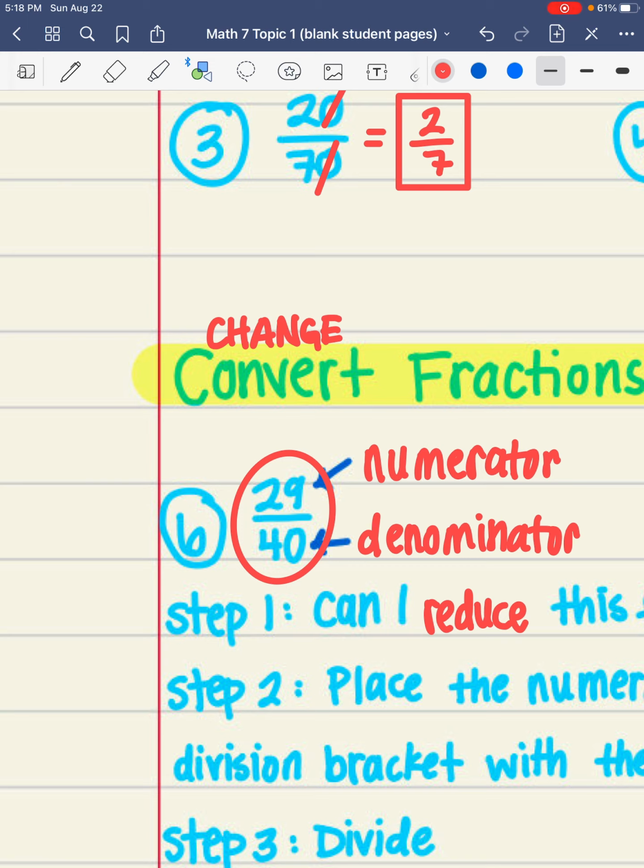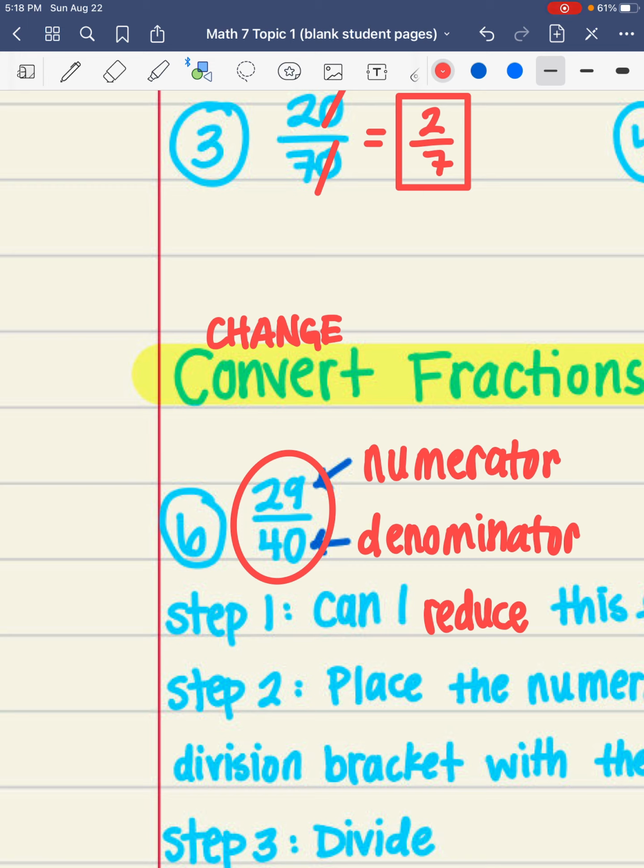So things aren't looking so good for me when I see that. I know that 2 plus 9 equals 11, so 3 doesn't go into that. So not divisible by 3. It doesn't end in a 0 or a 5, so it's not divisible by 5. So I'm really thinking that I really can't reduce this fraction.